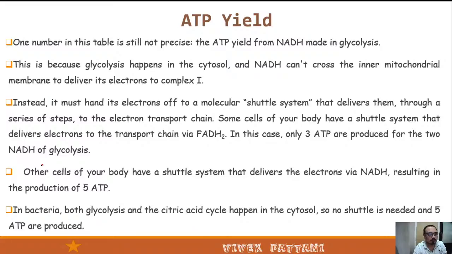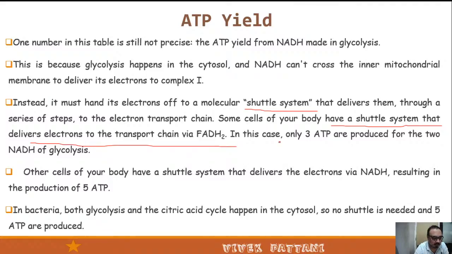So finally, the NADH from glycolysis cannot enter the matrix directly; instead it must hand its electrons off to a molecular shuttle system that delivers them through a series of steps to the electron transport chain. Some cells of our body have a shuttle system that delivers electrons to the transport chain via FADH2.